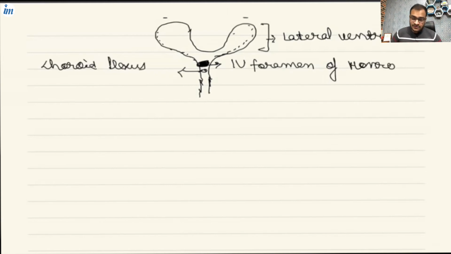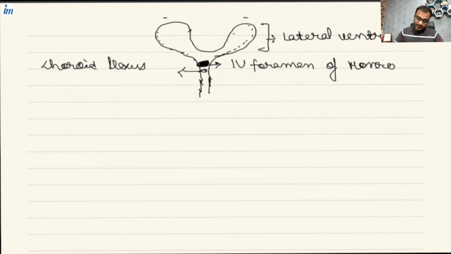This choroid plexus is a derivative of epithelial cells, specifically the ependymal cells present on the walls of these ventricles. And here it forms the CSF.